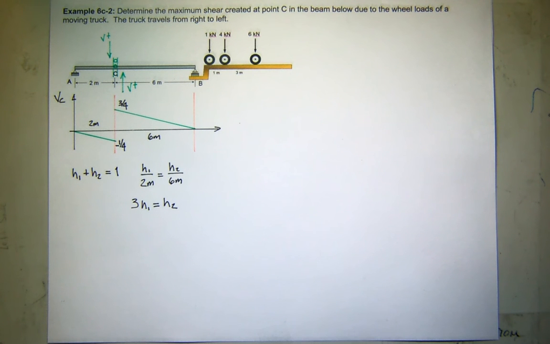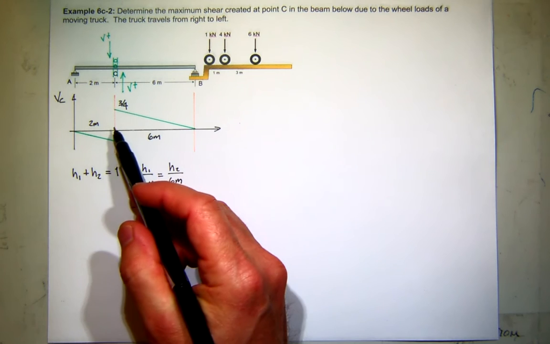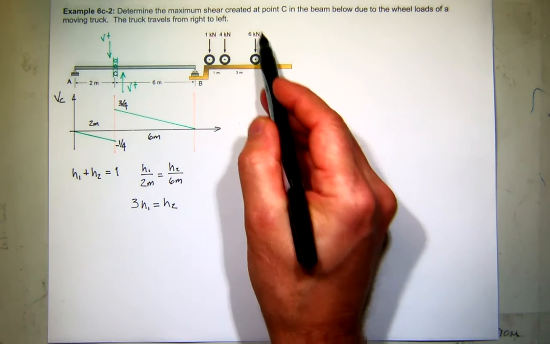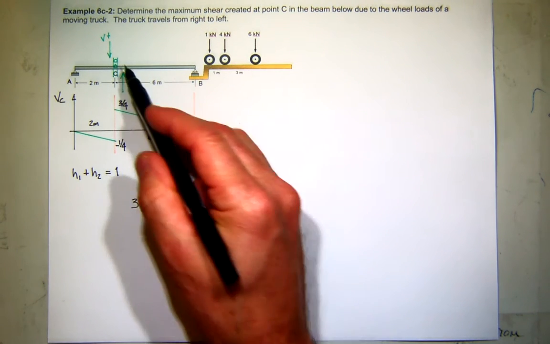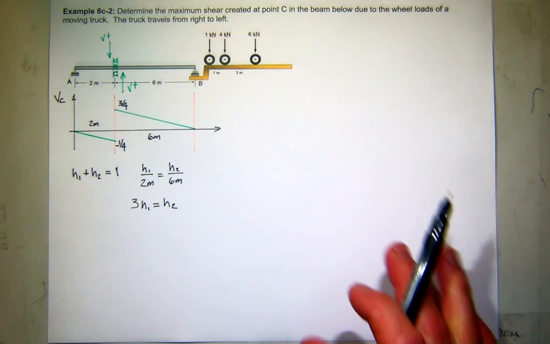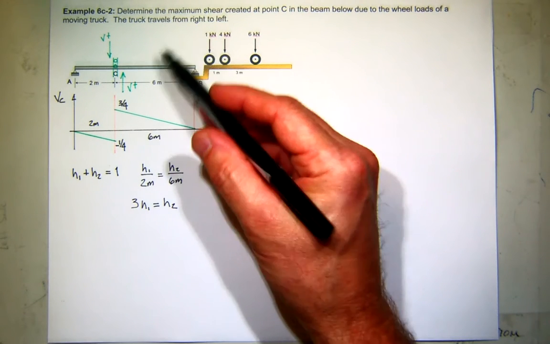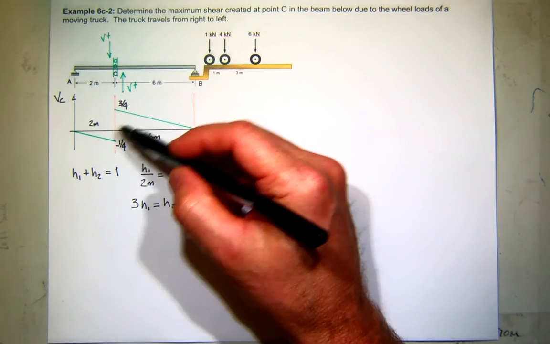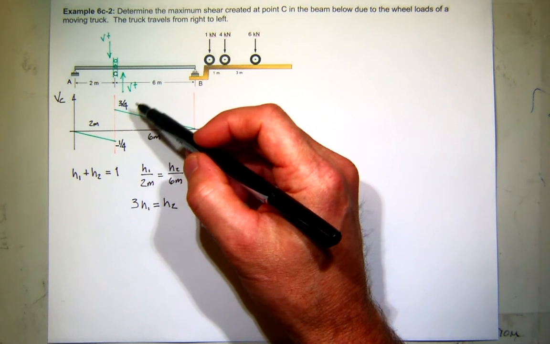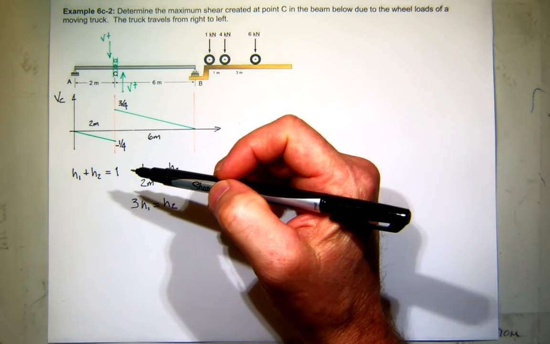Alright, so all I do is just, now that I have my values, I'm going to let my truckloads go from right to left and traverse this influence line. We're trying to find the maximum shear. Now just looking at this influence line, do you think the shear would be more positive or negative?